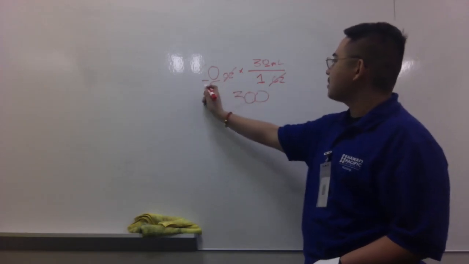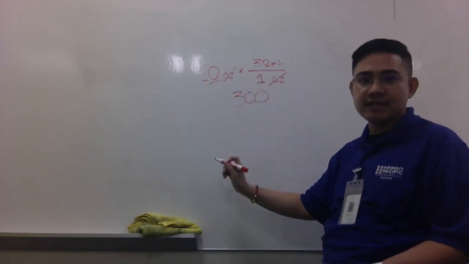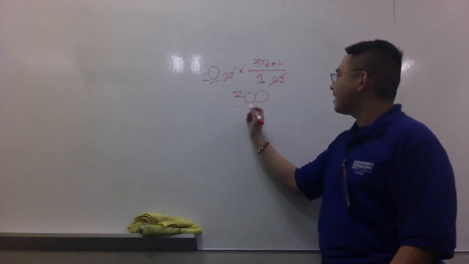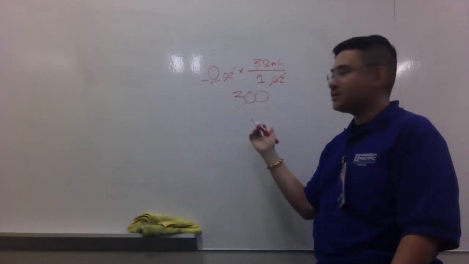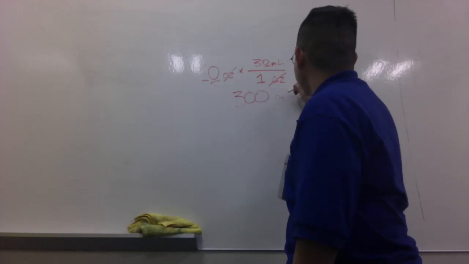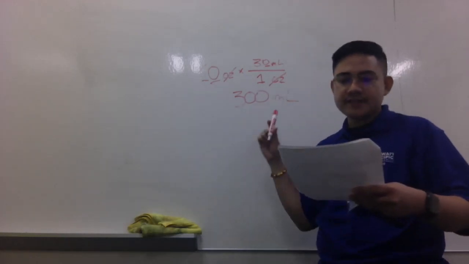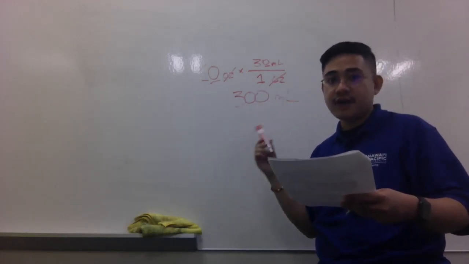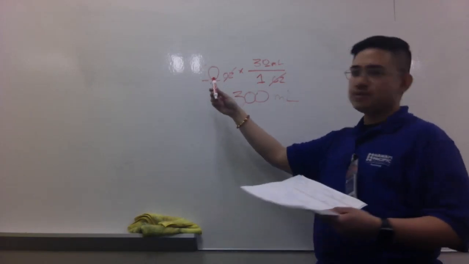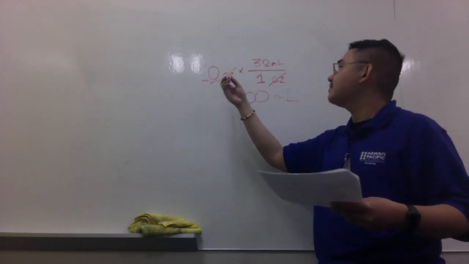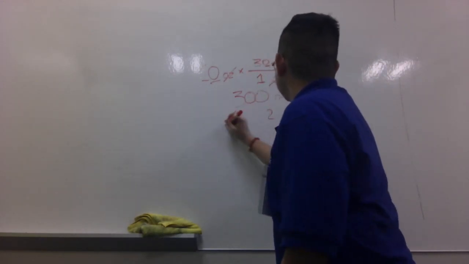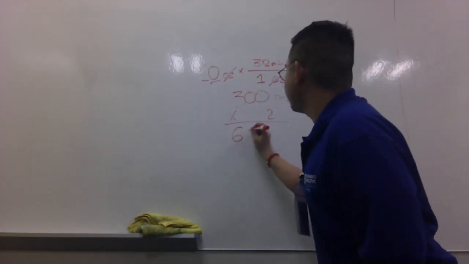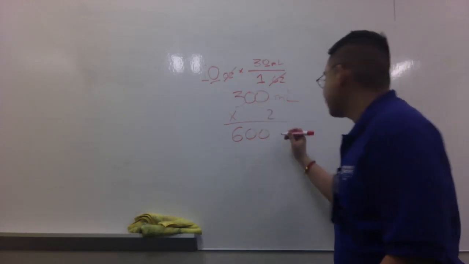So we just focus on 1 times 3, which is 3, and you drop the 2 zeros. So 300 ml. Now, as I mentioned earlier, we have 10 ounces of water and 10 ounces of coffee. Since those two liquids have 10 ounces each, we can multiply by 2. So we have 600 ml, because 300 doubled is 600.